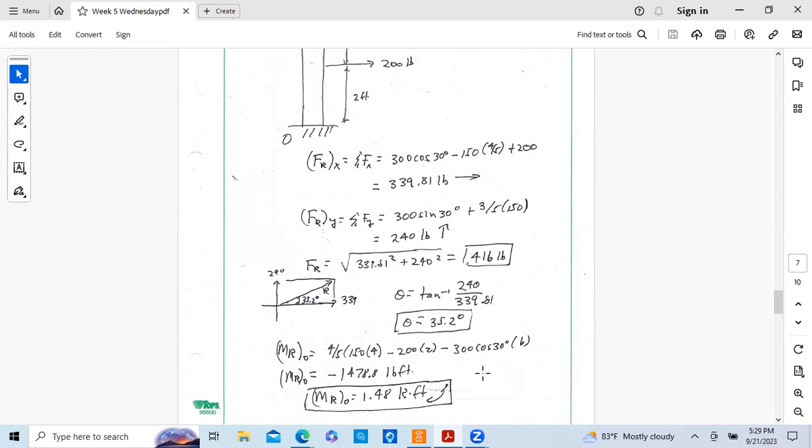And the question is, what goes with the feet? And here I got kip feet. So here's what we're doing. We're moving 1, 2, 3. We're moving 3 places. That's 10 to the 3rd. So that's kip. So it's 1.48 kip feet.